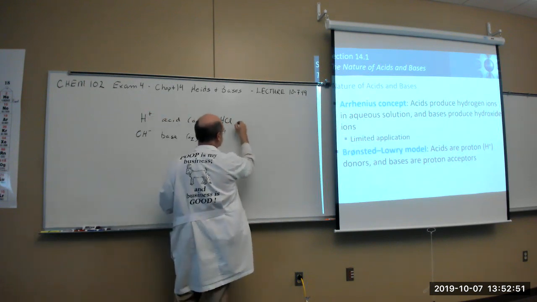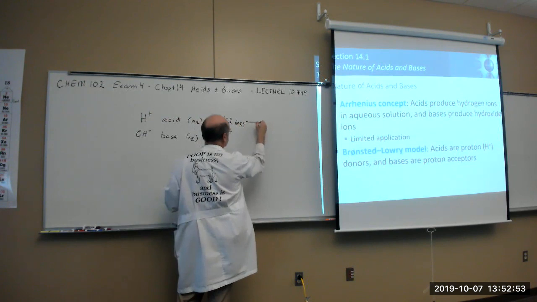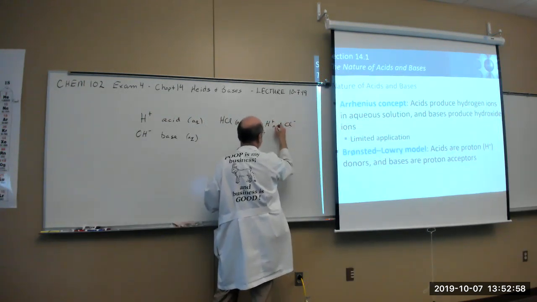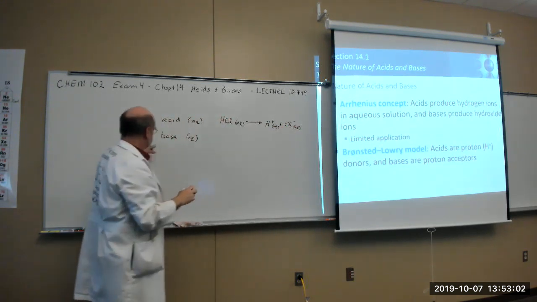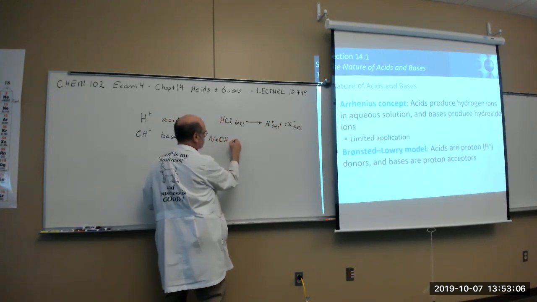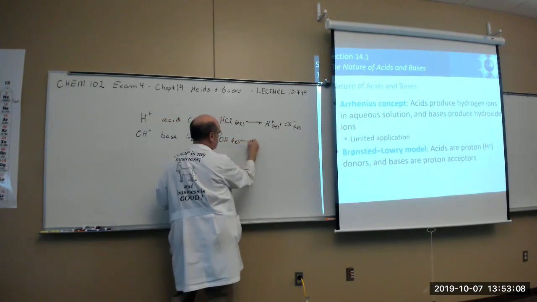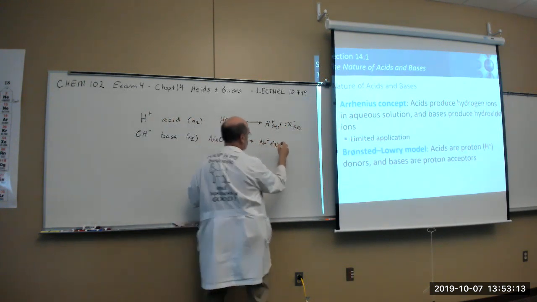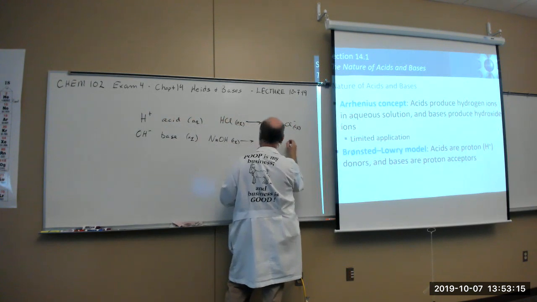So when it goes into solution, it produces H+ plus Cl-. And these, of course, are aqueous. An example of this one would be sodium hydroxide. So in solution, that would dissociate, and this would be produced.